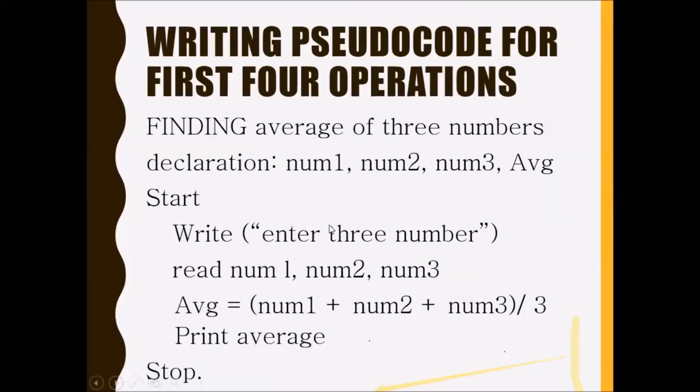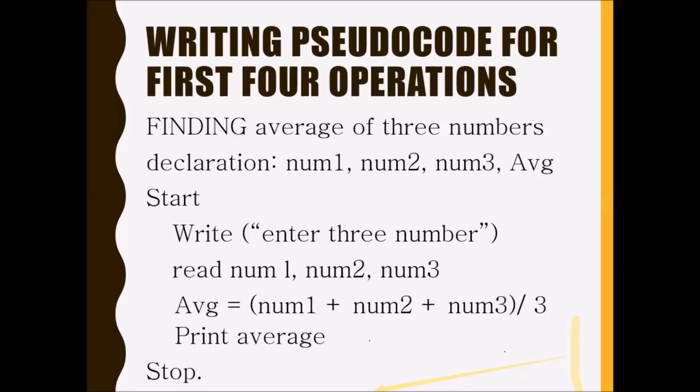All right, continuing, guys. Let's look at an algorithm here. Writing pseudocode for the first 4 operations, which are to accept data, store data, carry out arithmetic, and output data.